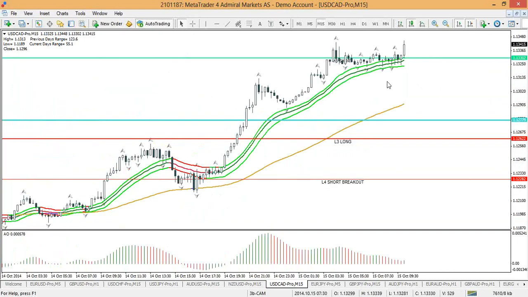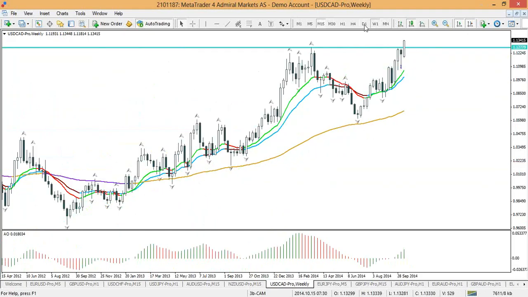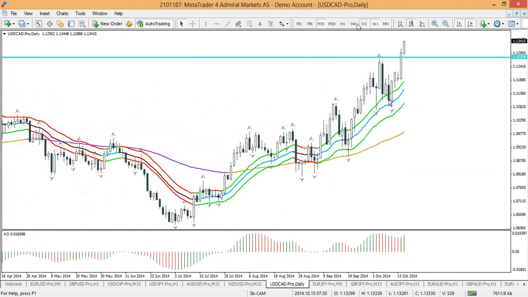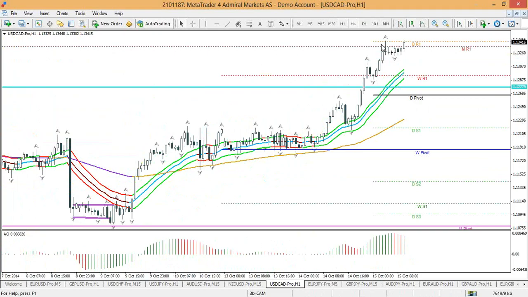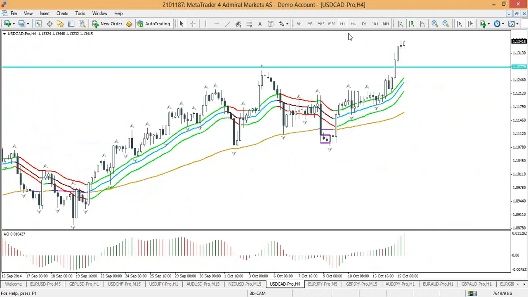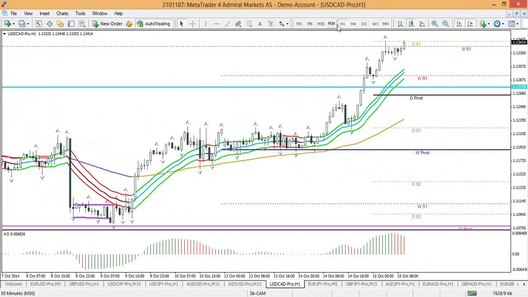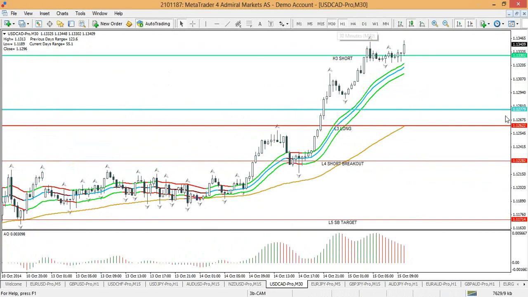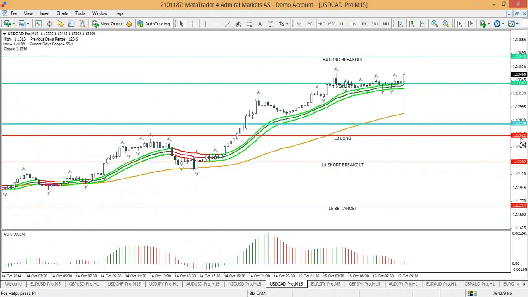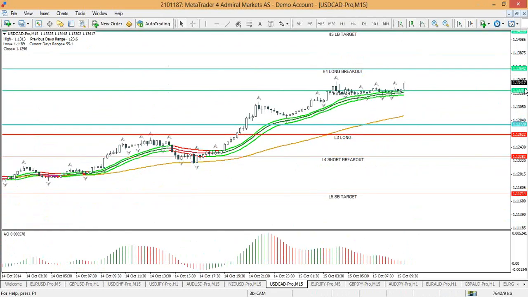We are obviously above last week's high, easily. Above yesterday's high. We have a small doji, the last 4-hour candle, but otherwise we could be in breakout territory right here.